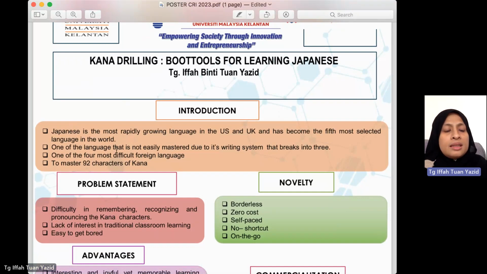It is also known as one of the 4 most difficult foreign languages, apart from Chinese, Korean, and Arabic. The learner needs to master 92 characters of Kana so that they will be able to read and write words in Japanese.